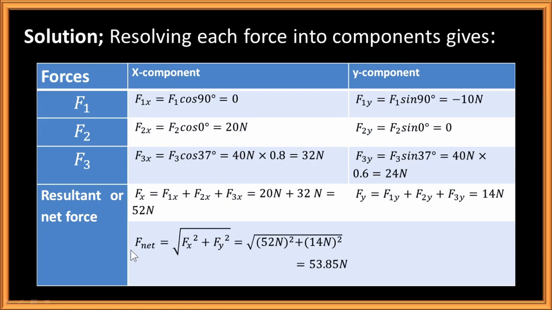Therefore, the net force is square root of Fx squared plus Fy squared. As I told you before, x and y components always form an angle of 90 degrees with each other. As a result, we need to use the Pythagoras Theorem in finding the value of the net force. So 52 Newton squared plus 14 Newton squared, which is 53.85 Newton. This is the resultant.